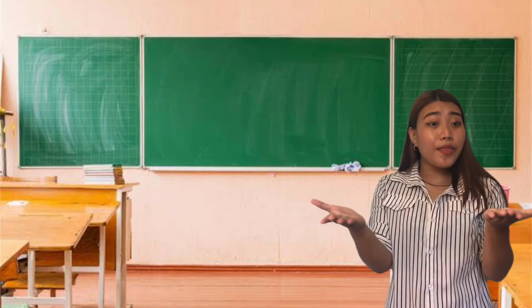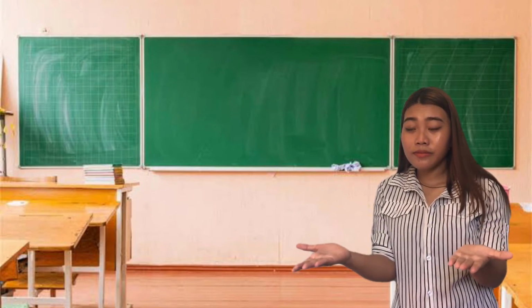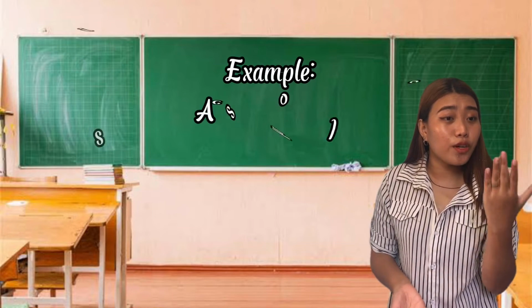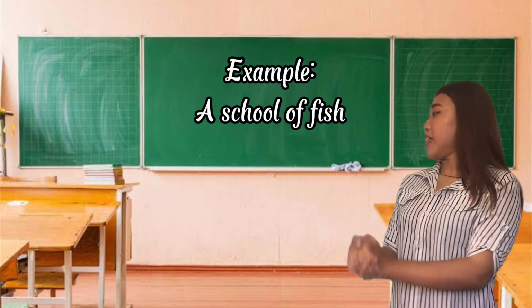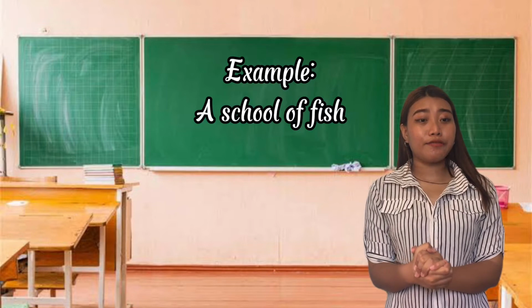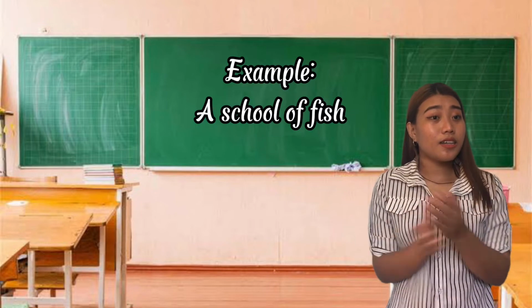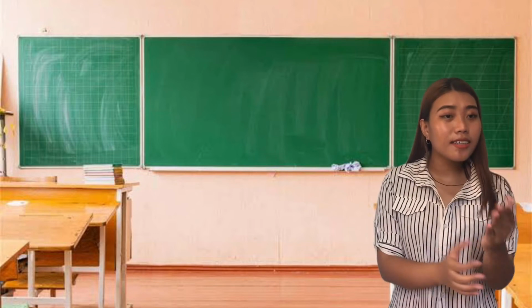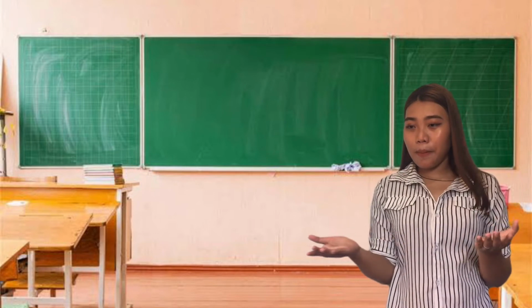Okay, can you give me another example? A school of fish? Okay, that's an example of a group of animals. A school of fish. Thank you so much. You may now sit. Okay. Another example.